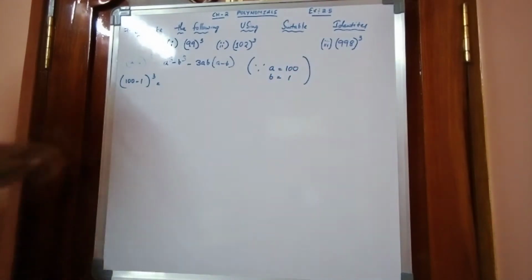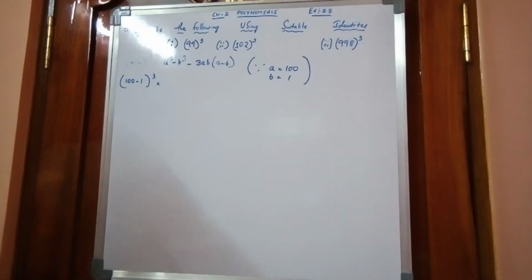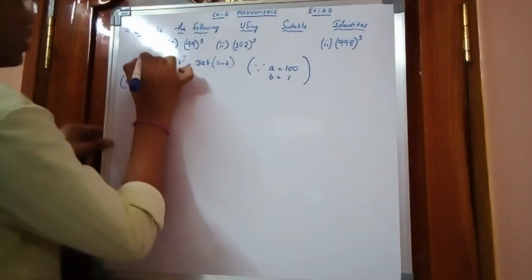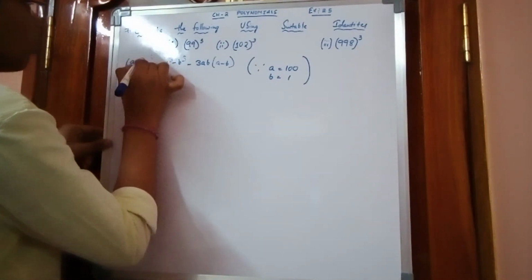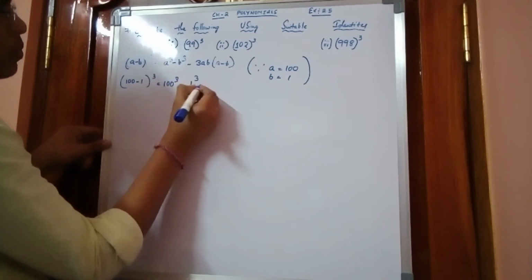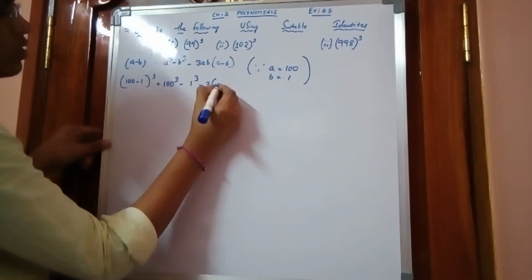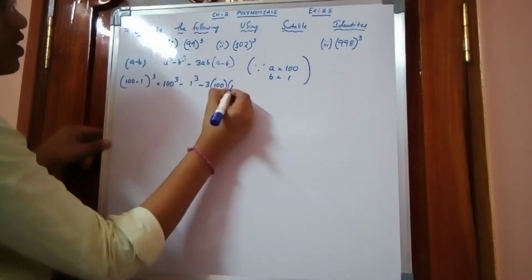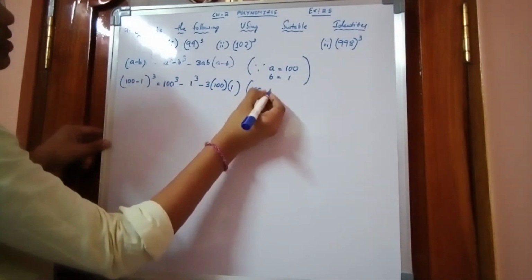For a better understanding I am writing in the bracket. If you don't want to write, okay. Now substituting: 100 cube minus 1 cube minus 3 of a is 100 and b is 1 of (100 minus 1).